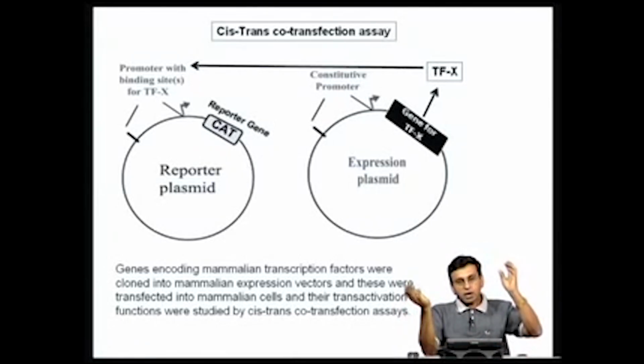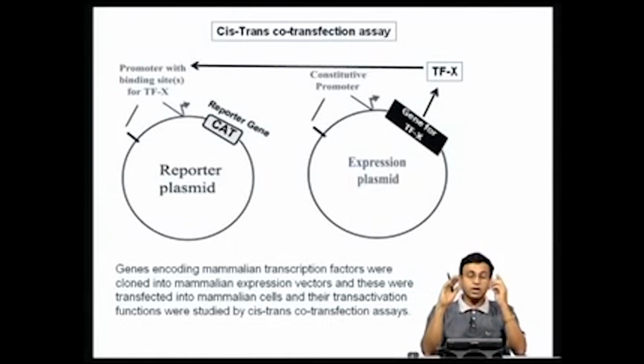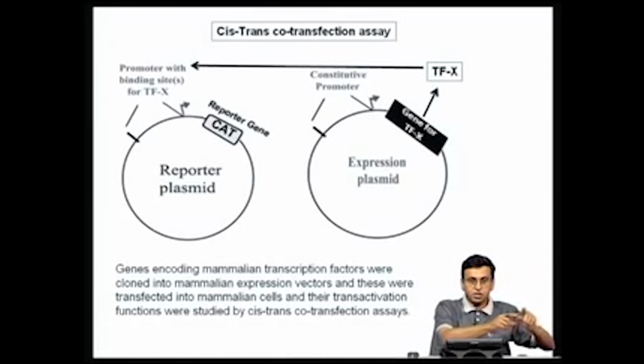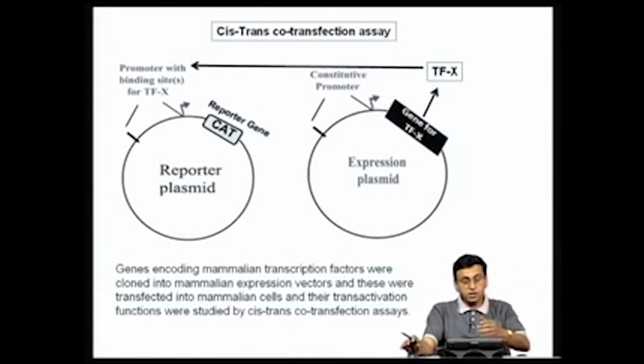So by making recombinant transcription factors and examining their transcription activation potential in cell-free systems, as well as by doing these kinds of studies in vivo, you can convincingly demonstrate that what you really have is a gene that codes for a transcription factor which can activate transcription either in a cell-free system or in an in vivo system using cell lines.